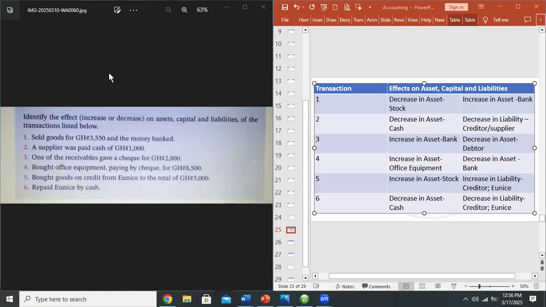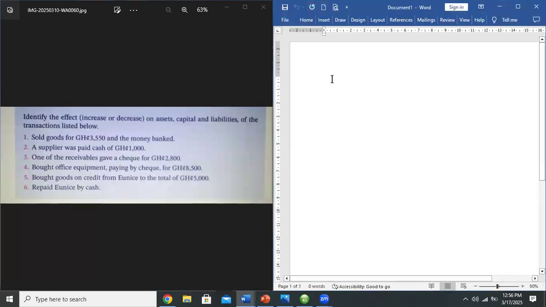Before we continue, I want to do a summary for my professors. The first summary I want you to get is when you have a transaction that has cash or check, or there's a bank involved.